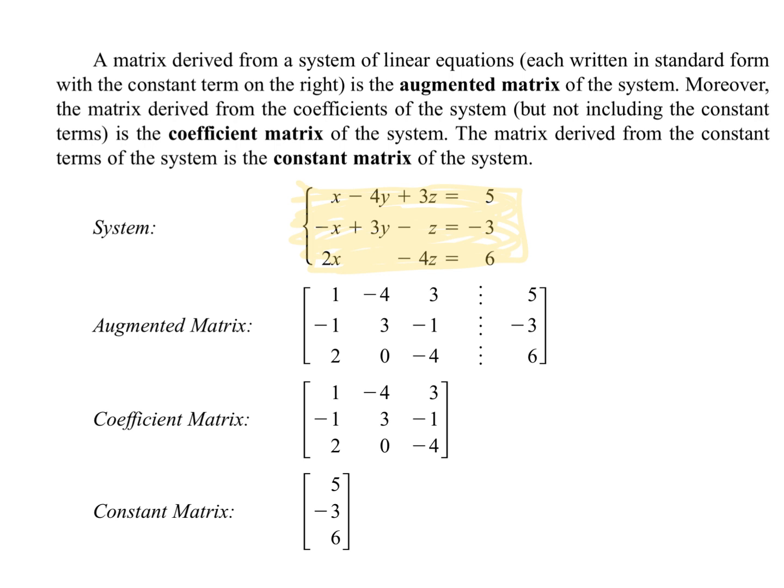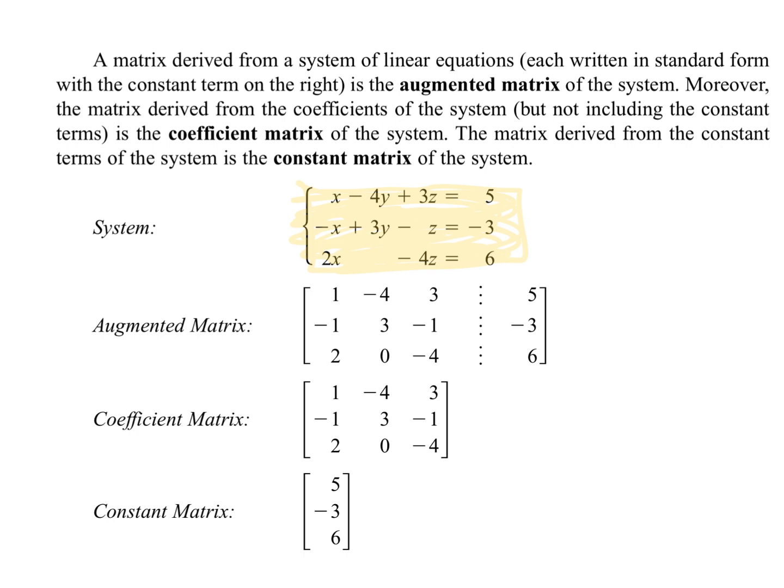What is the coefficient of all of the x's? In the first equation, it's 1. The second equation, it's -1. The third equation, it's 2. The coefficients of y are -4 in the first equation, 3 in the second equation, and is there a y in the third equation? No, that's where that 0 comes from. And then you have your coefficients of z, and then your answers.